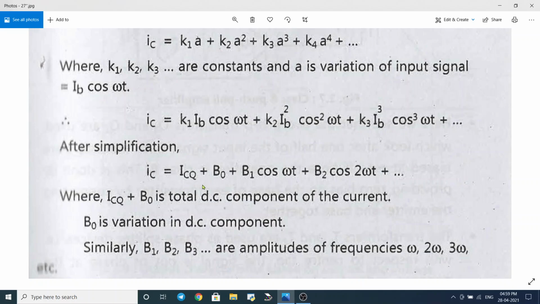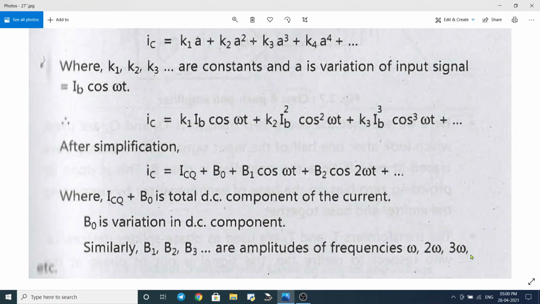where this ICQ plus B0 represents the total DC component in the amplified current, in which this B0 is the variation in the DC component, whereas B1, B2, B3 are the amplitudes of the frequencies omega, 2 omega, 3 omega, etc. And these are the harmonic frequencies.